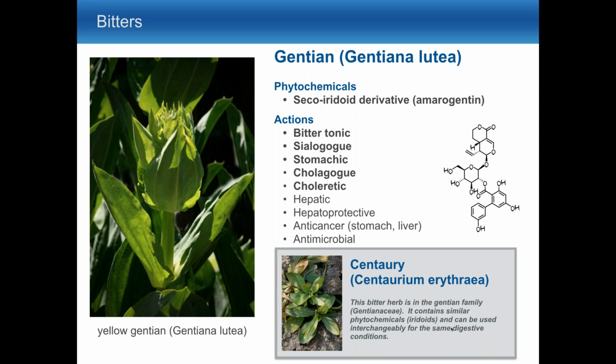Different species in the same genus are used around the world for the same purposes, and they have very similar phytochemicals. Greater Centaury is in the same family. It's a different genus and species, but it has pretty much the exact same indications as gentian, and the same phytochemicals in it.